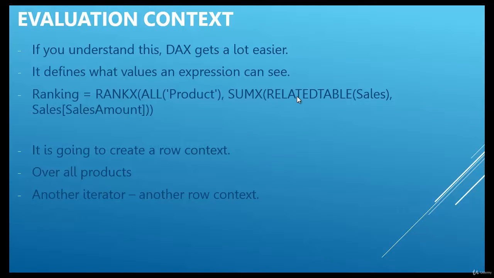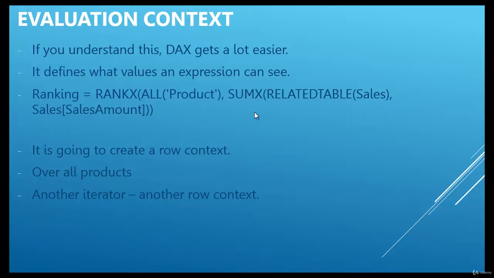So you can see here evaluation context is like dreaming about something and then another dream within that dream, or another dream. So it's kind of creating a nested loop, you can call it. But if you go step by step, it becomes very easy. Here we created another iterator and another row context because just to sum that, it is going to take in the sales table and do the sum of all the products within the sales table, and that is creating another row context.